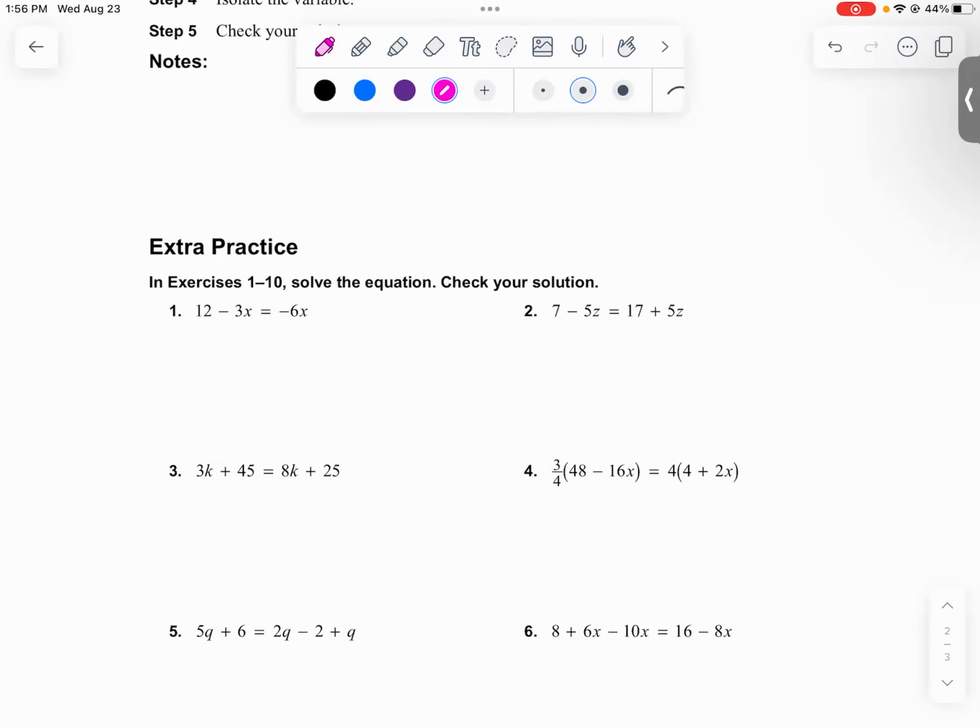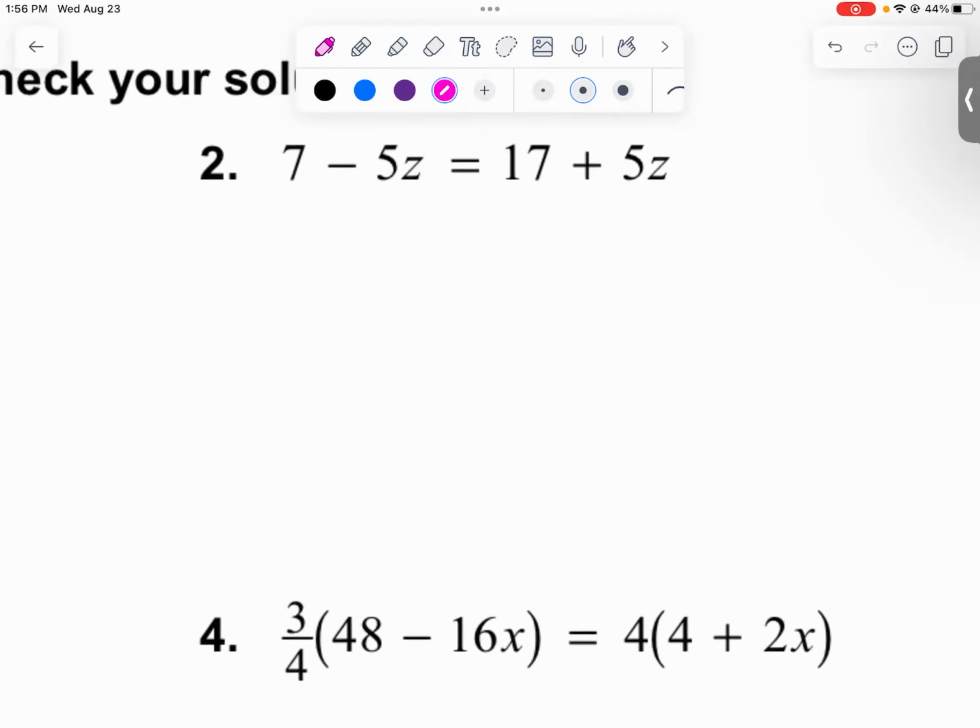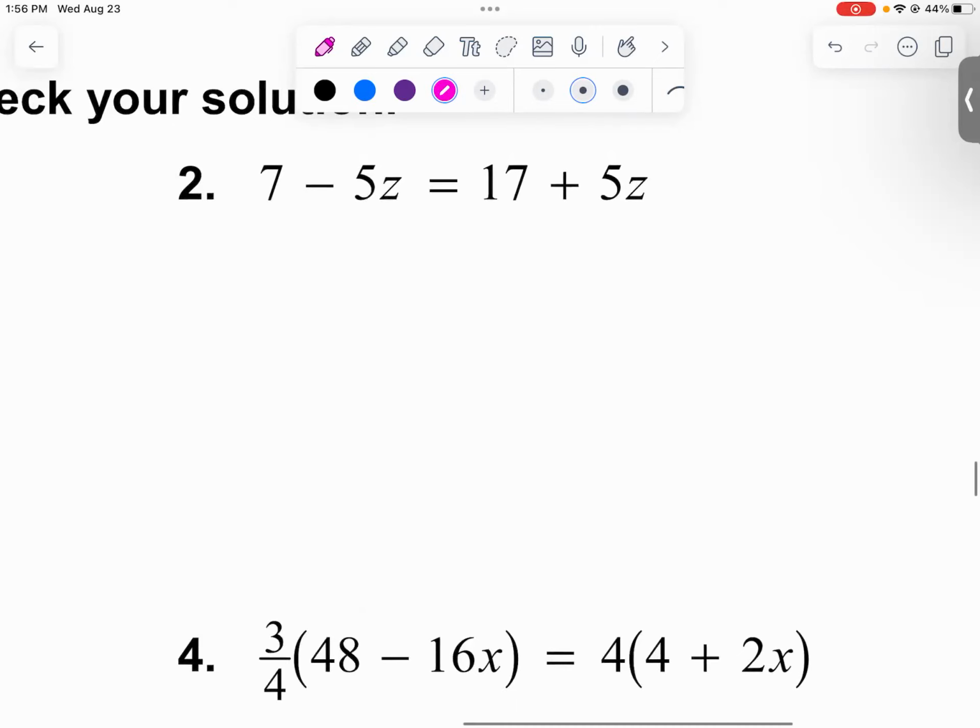Okay, let's go to page 15, and we're gonna look at problem number 2. Okay, so here's the deal.